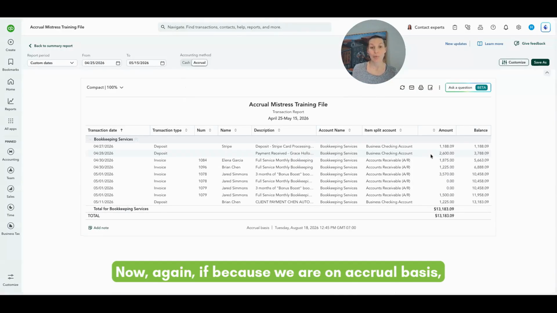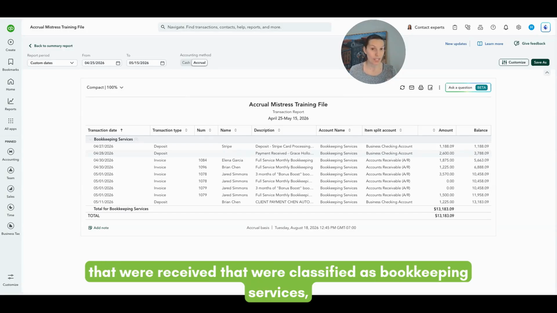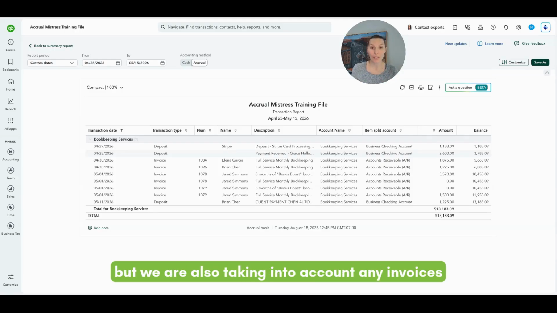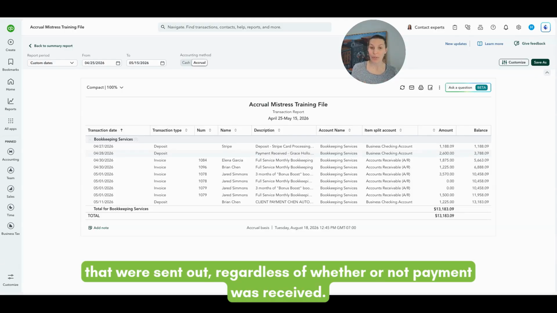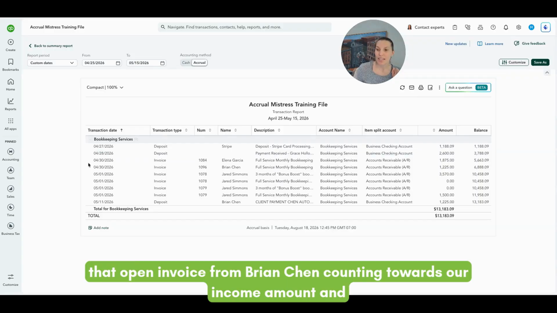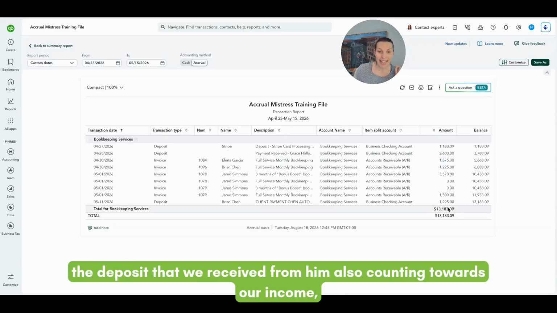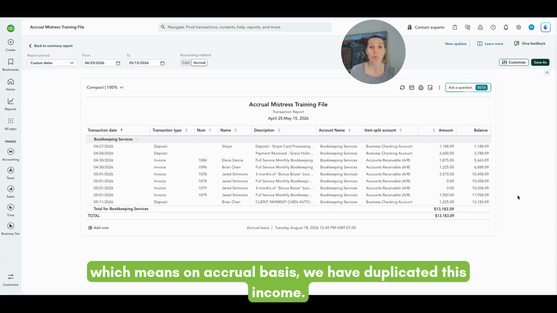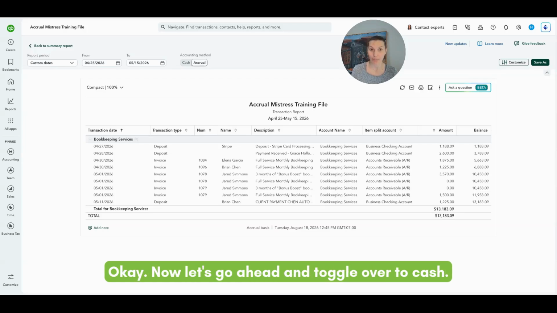Now, again, because we are on accrual basis, we are not only taking into account any deposits that were received that were classified as bookkeeping services, but we are also taking into account any invoices that were sent out, regardless of whether or not payment was received. And as a result, what we see here is that open invoice from Brian Chen counting towards our income amount, and the deposit that we received from him also counting towards our income, which means on accrual basis, we have duplicated this income, okay?